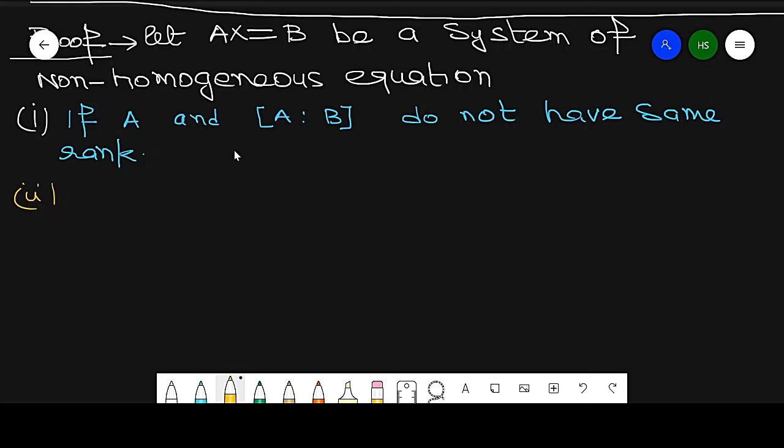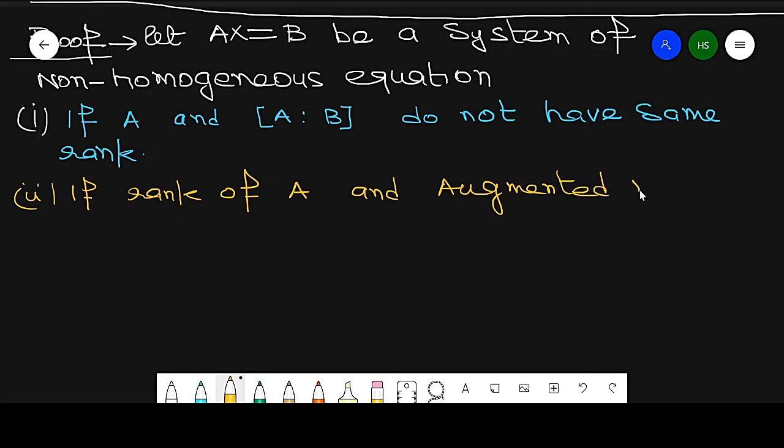The second part is the unique solution. In this case, if the rank of A and the augmented matrix A dotted B are the same, number 1, they are the same.